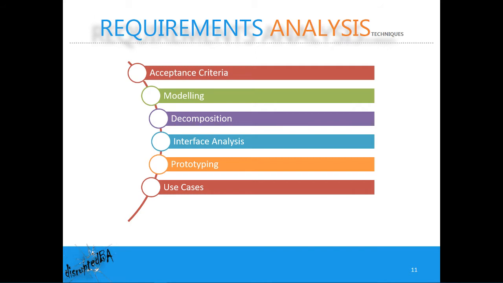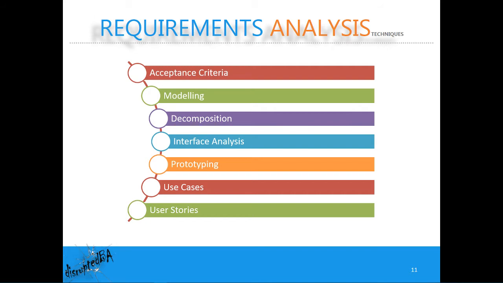The use case tells you in different scenarios how they would interact with each other and what the results would be. And then the last one, and probably the one that's at the forefront most these days with all the agile frameworks out there, is user stories. This is just a plain simple English statement of what a user wants to do in order to achieve a specific goal. These are the different techniques that you would use during your analysis phase.